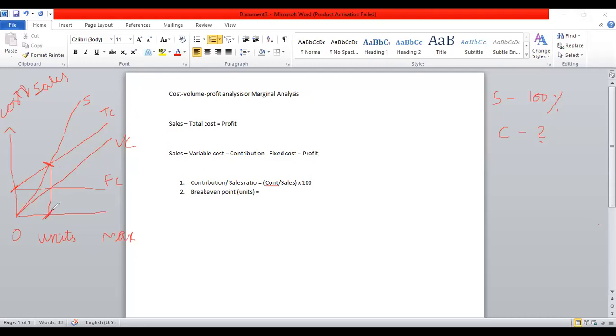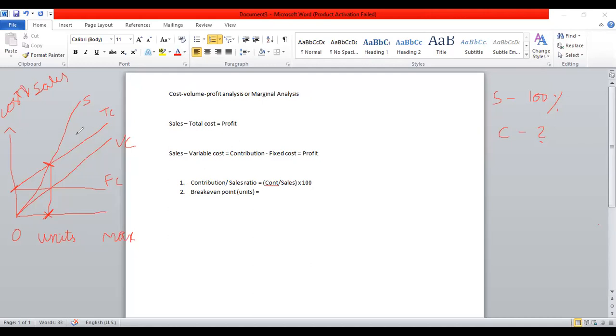If they sell this many units, they would reach a point where there is no loss and no profit. Initially there is loss. After they cross the break even point, there is profit. So they come to a point where there is no profit, no loss.